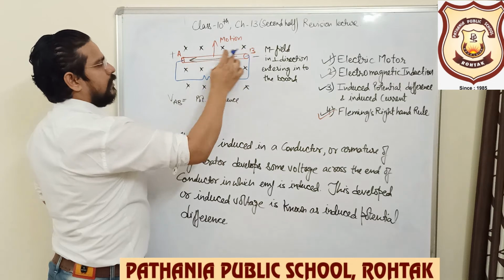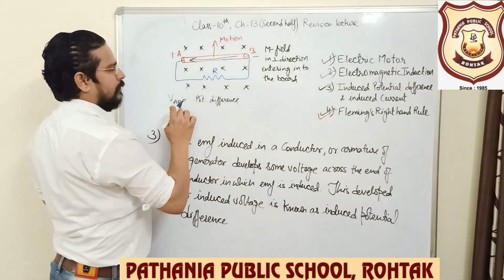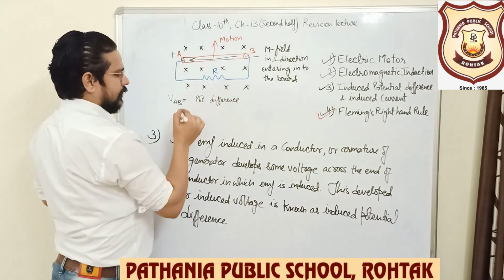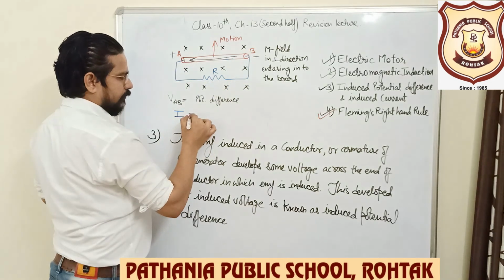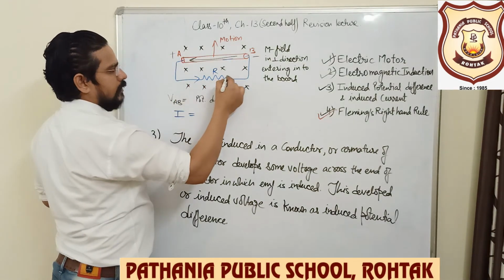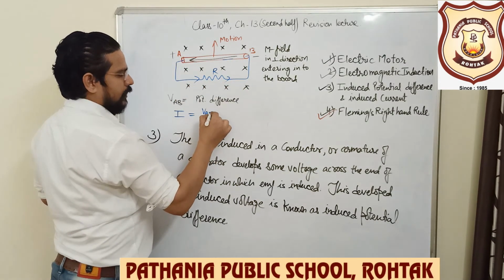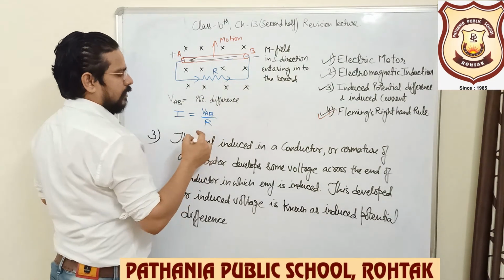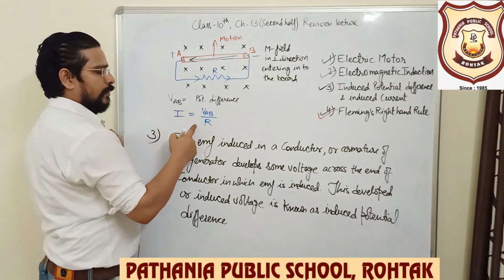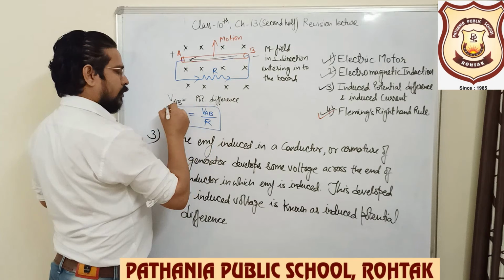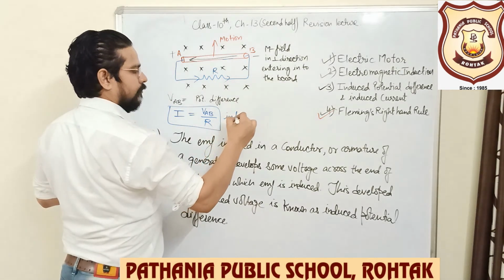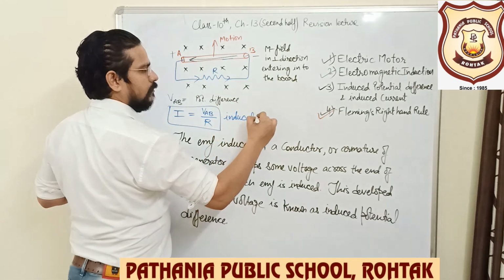So if potential difference across the ends of conductor is VAB and capital R is the resistance, then a current will flow through the R resistance given by VAB divided by R, by Ohm's law, I is equal to V by R. This current is known as induced current.